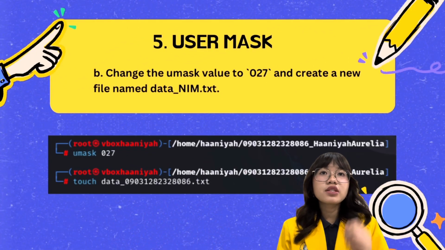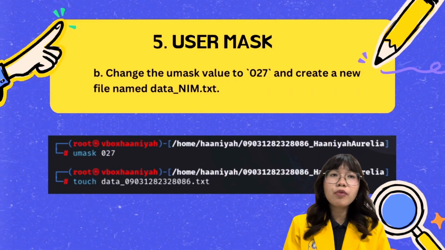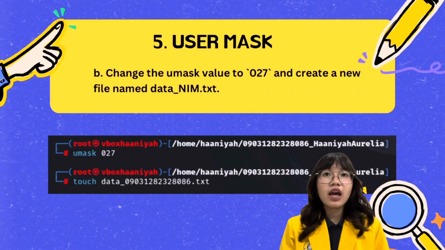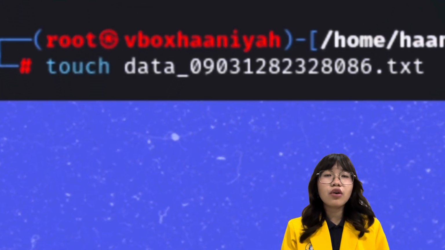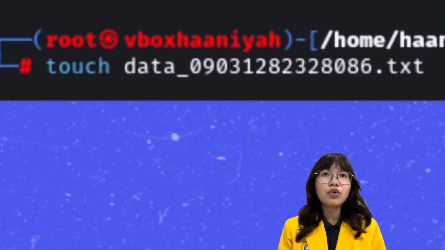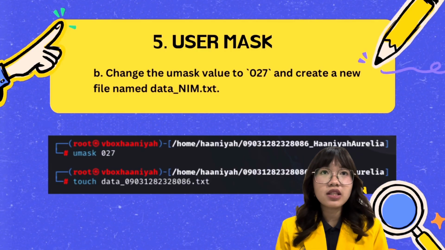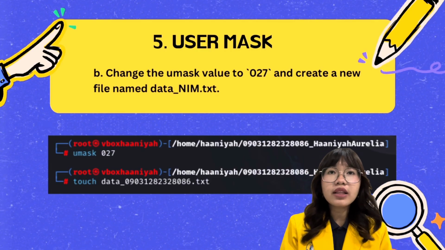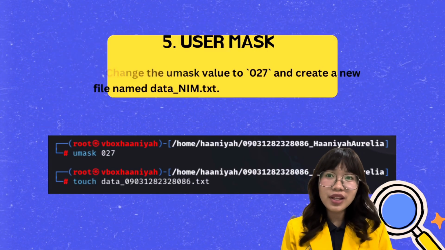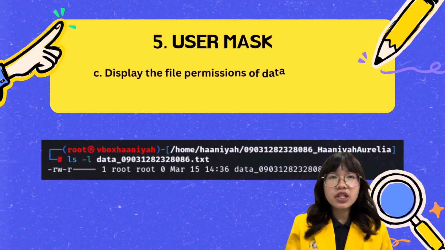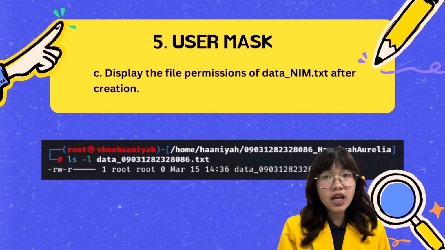The umask 027 command changes the default permission for newly created files. And then touch data_0903.txt. The touch data_name.txt command creates an empty file named data_0903.txt.